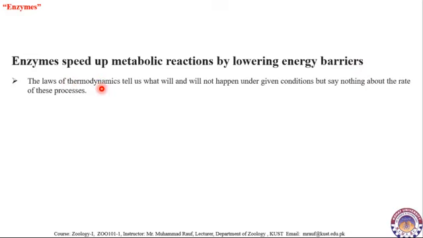The laws of thermodynamics tell us what will and will not happen under given conditions, but say nothing about the rate of these reactions, at which pace the reactions will occur.